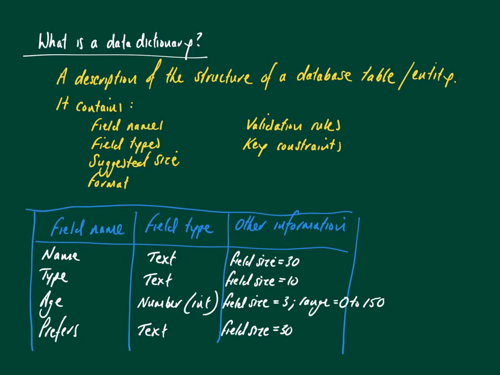And that means that you can't have a negative aged pet, and also your pet cannot be older than 150 years old. So that's an example of a very simple data dictionary, and that's used by a database programmer to create the actual electronic database that data about pets would be stored in.